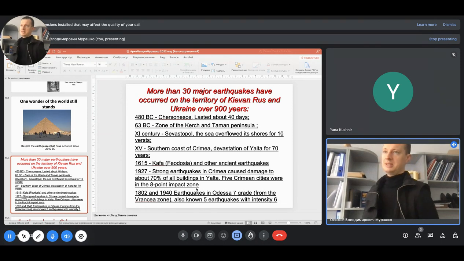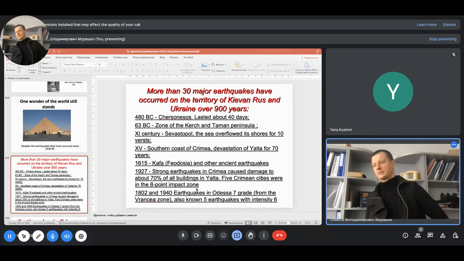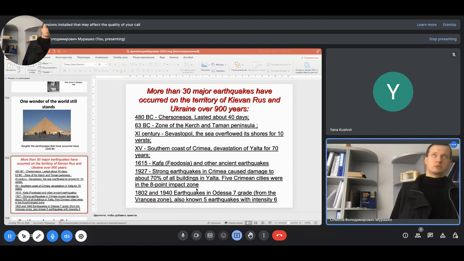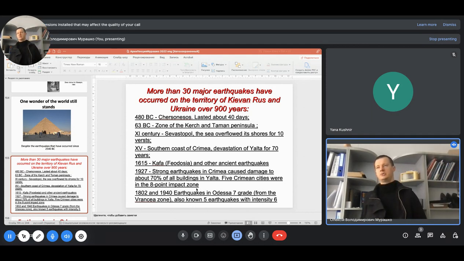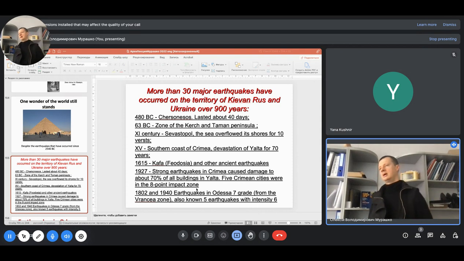It's impossible in our location for an earthquake to last such a long duration.